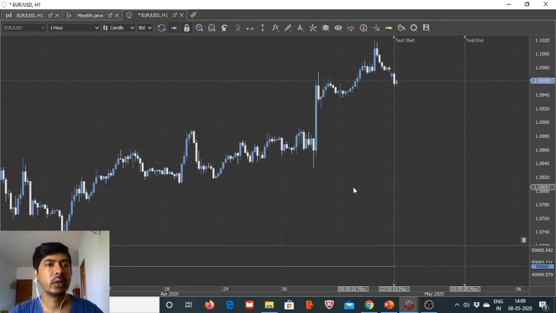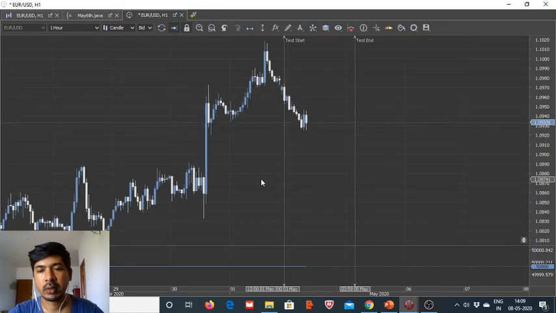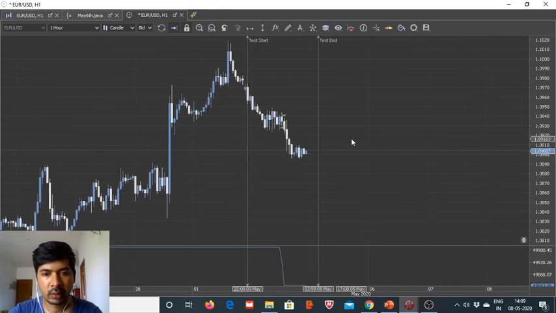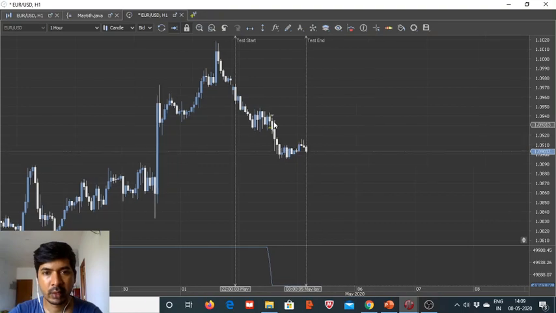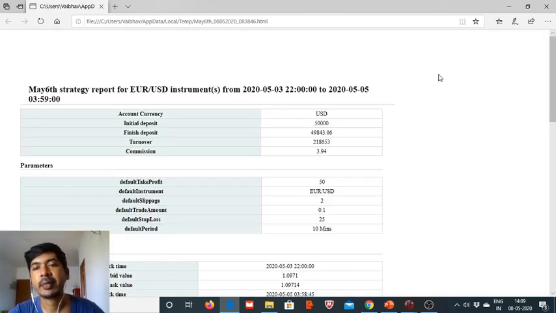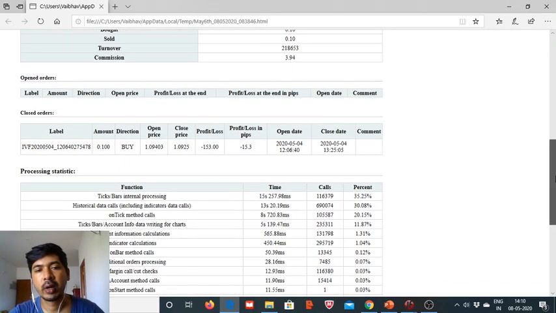As you can see, the test is taking a fair amount of time. And I think our other conditions might not have been fulfilled. Oh, the trades, one trade happens somewhere here, but it goes in loss, and that trade is a buy trade, and on it we lose around 15 pips.